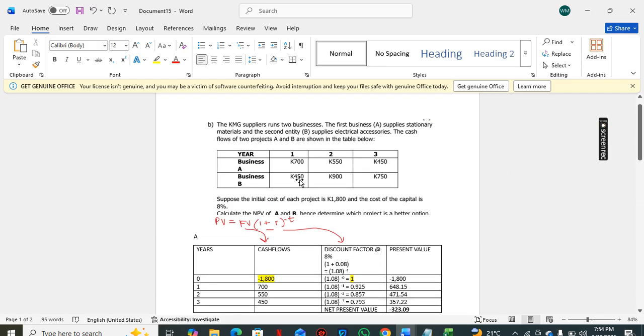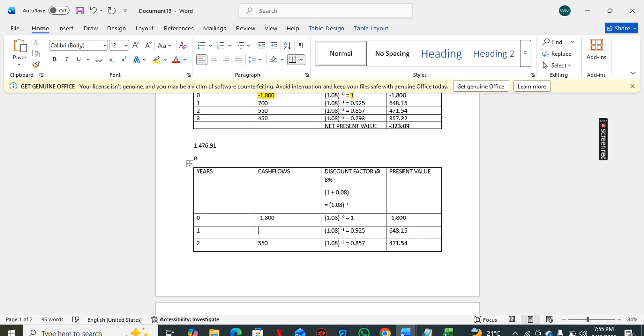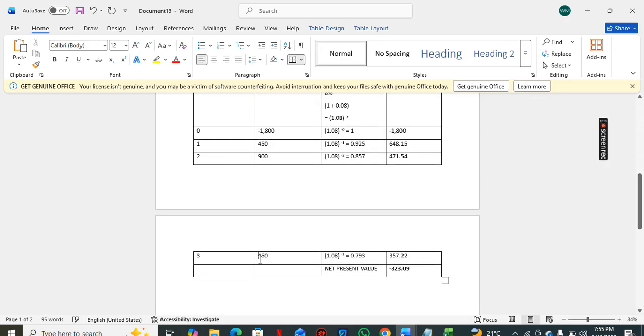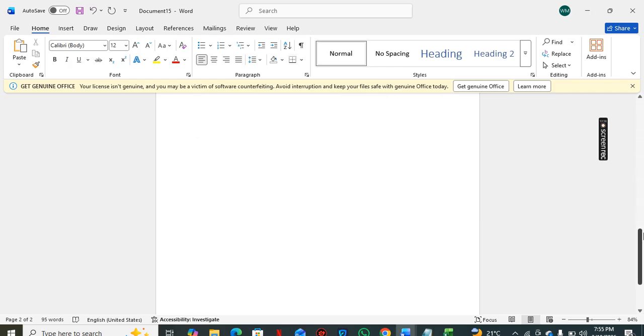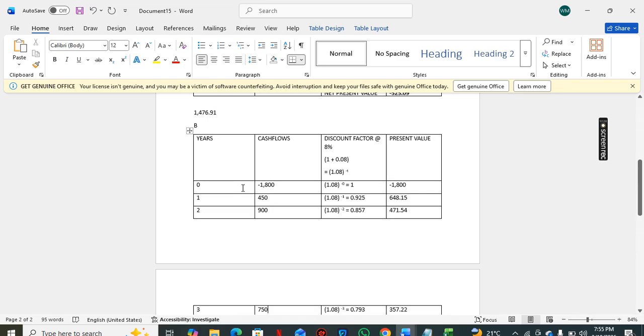Okay. Cash flows 450, 900, and 750. The cash flow for year 0 is the same because they told us both projects cost 1,800.